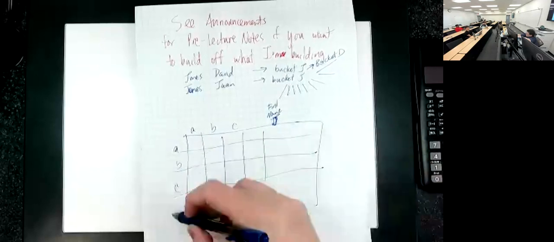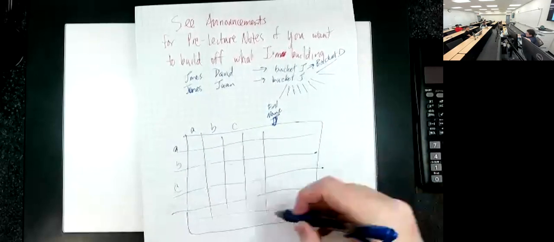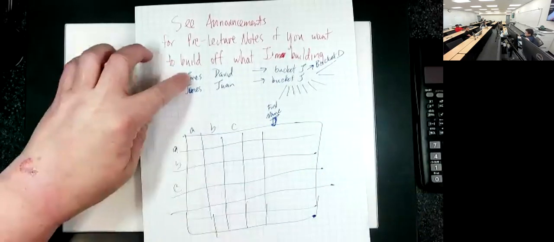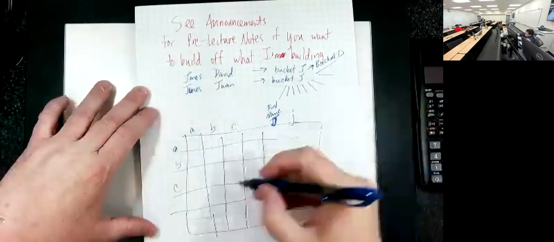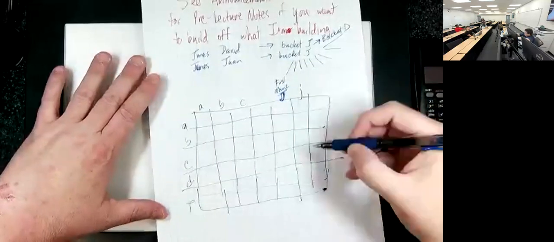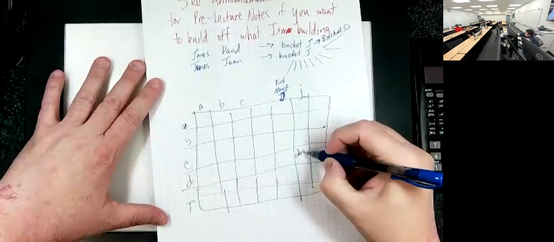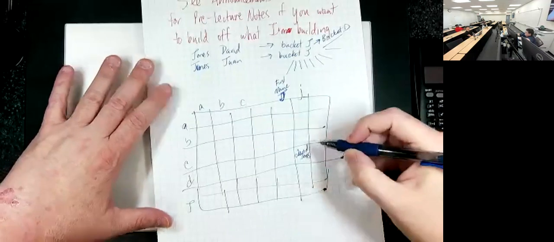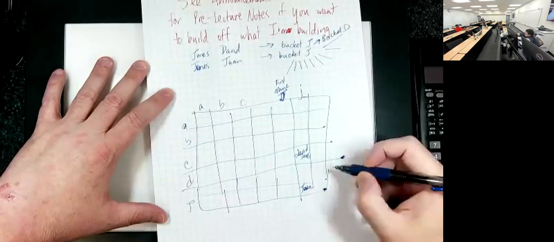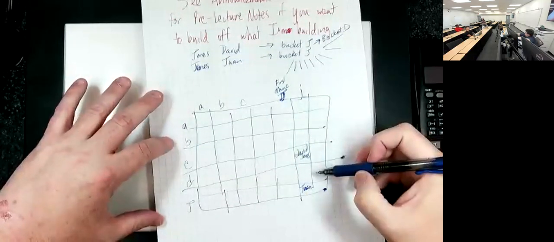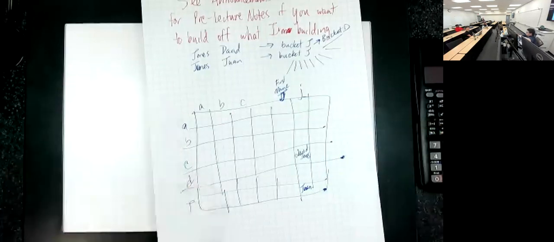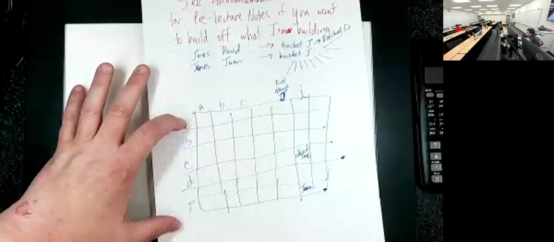If I do Jones and David, I'm gonna put a J over here and a J down here. When I do J and then David, I show up here. David Jones is here. And when I do Jones and then Juan, he's here. Does that make sense? Yeah. So it would need to be a 26 by 26.